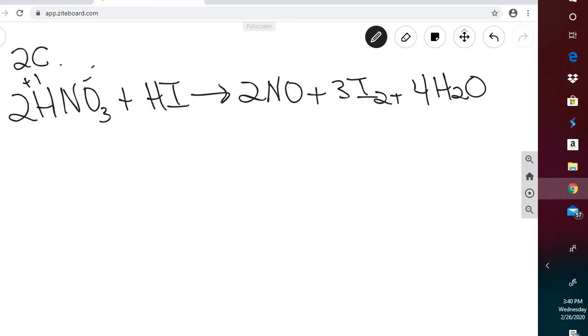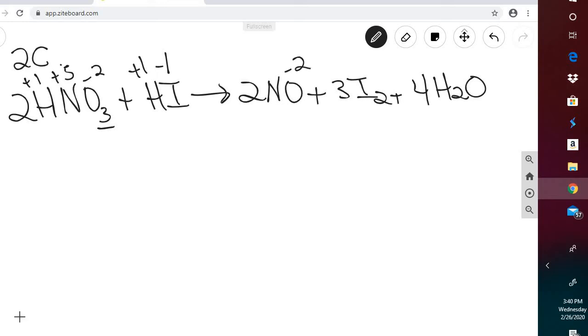The oxygens are -2, so -6 over here. +1, the whole molecule has a charge of 0, so that means the nitrogen has to be +5. Hydrogen is +1, so therefore the iodine has to be -1.